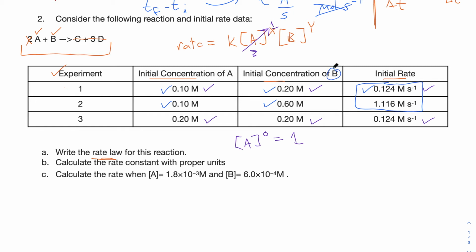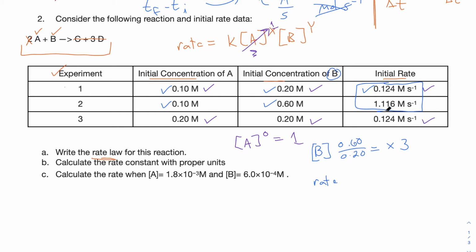And then you ask yourself the question, well, what is the change that's happening here? If I look at concentration change, what I see is that from experiment 1 to experiment 2, we are increasing the concentration by 3 times. Essentially what you're doing is dividing the large number by the smaller number for each example.